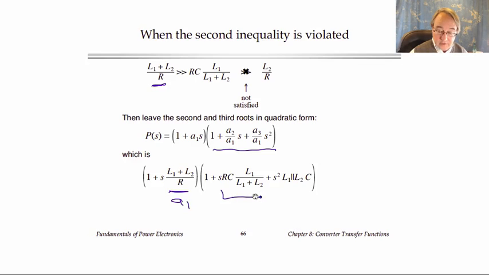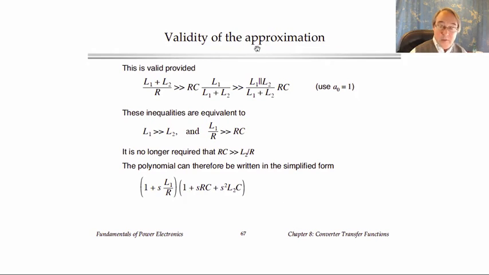Here is a2 over a1, and this is what a3 over a1 works out to be. Okay, we can go back and plug in for this case what inequalities are required. We still have three inequalities required, but they're different than before, and in particular the third one is different.